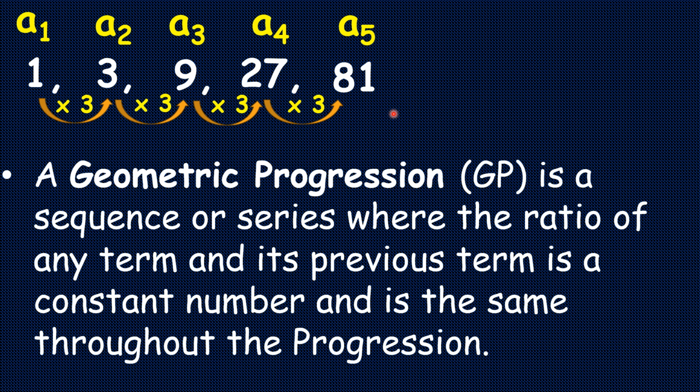Again, finite because we have a definite number of terms, in this case 5. A geometric progression because we have multiples of 3, which is the common ratio throughout this geometric progression. So it's a finite geometric progression sequence.